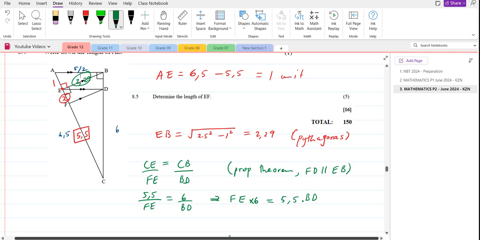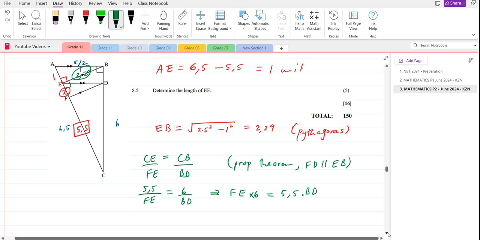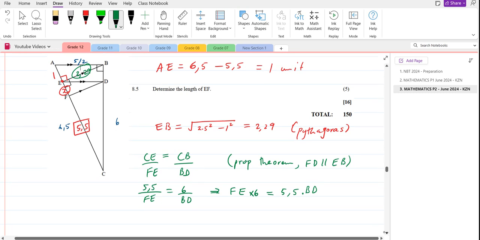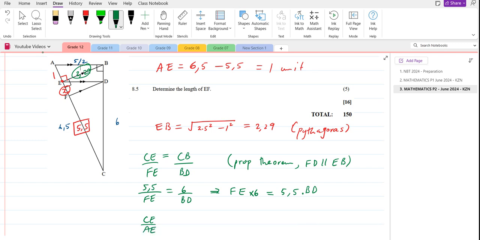Alright, to find BD we need to use the big triangle now. So let's try to use the big triangle. So what we can say is CE over AE equals CD over BD.